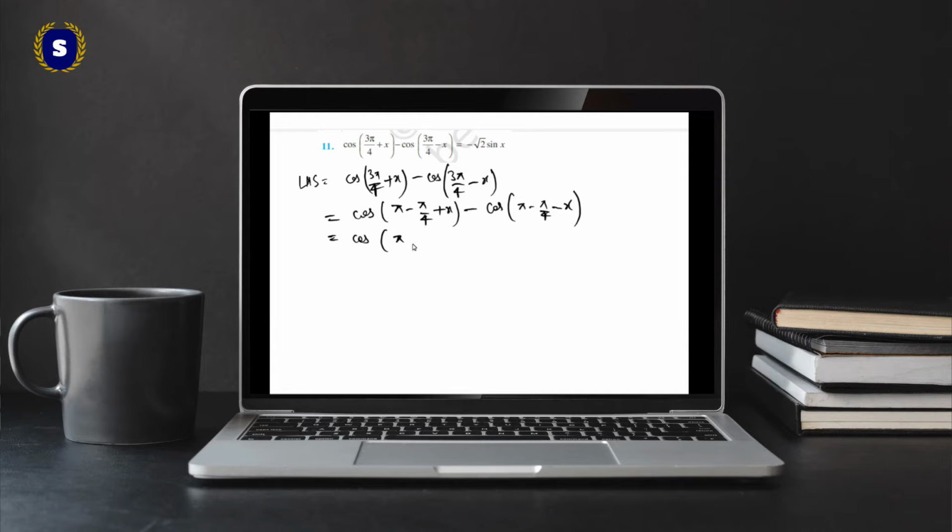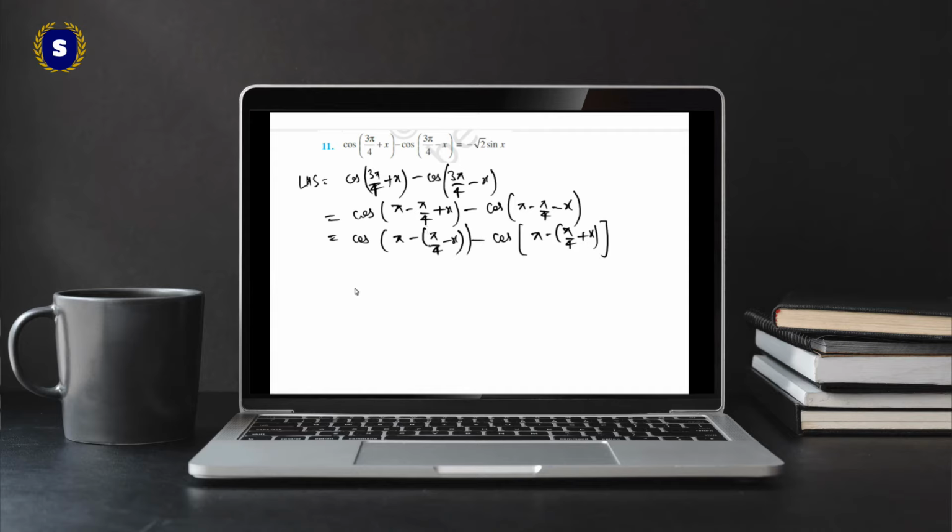Grouping them, it will make this, and the second angle will become this, taking minus common from pi by 4 and x. Here I have taken minus common, so it is forming pi by 4 minus x.